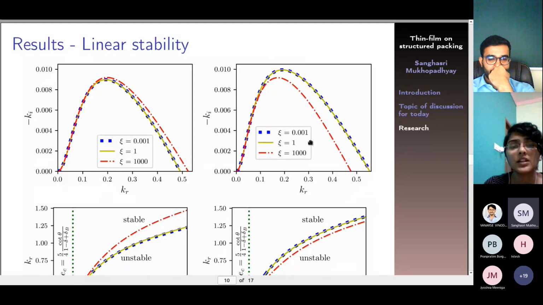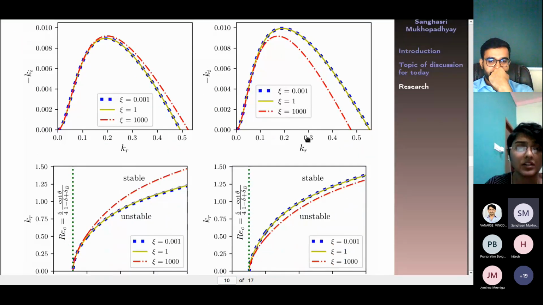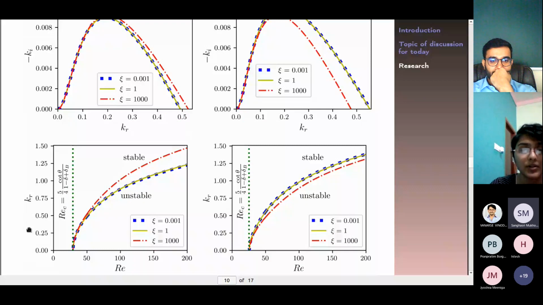We have done some linear stability analysis using the Orr-Sommerfeld technique, the surface mode analysis. Again, we have seen that in the wave number and Reynolds number plane, when we perform the marginal stability analysis, the critical value of the Reynolds number for the instability can easily be approximated by this Re_c. Re_c came from moving the no slip condition from the bottom to the top of the Brinkman sublayer, which is 1 minus delta plus delta B, and analyzing the Orr-Sommerfeld equation with the no slip condition at that point.